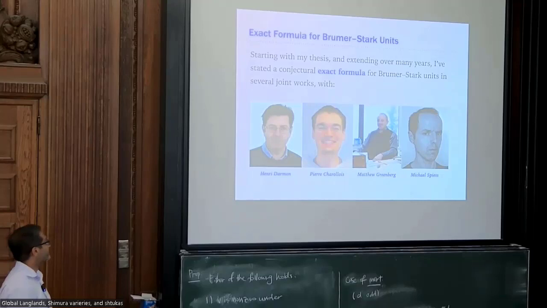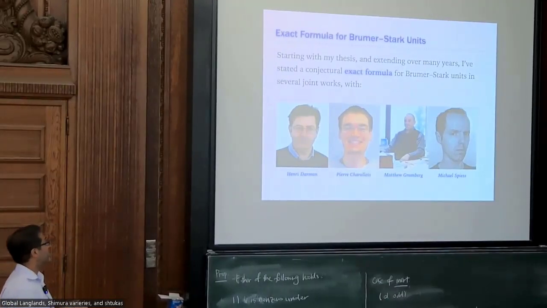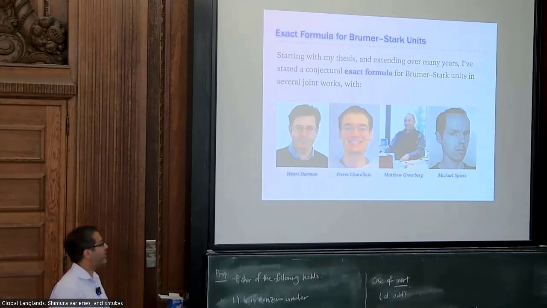My advisors were Henri Darmon and Ken Ribet, and later I generalized this beyond the real quadratic case to arbitrary number fields and not just inert primes, but arbitrary primes, with joint works with other authors. So now we have a conjectural exact formula for these Stark units in the extension.